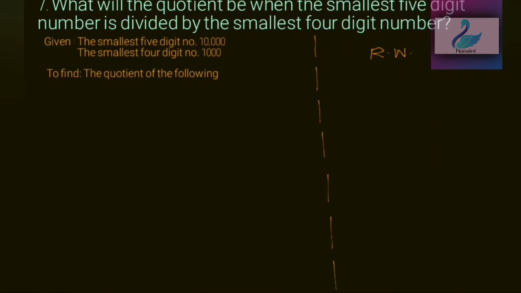In the rough work we will write the table for 1000, as 1000 is the divisor because it is smaller. 1000 ones are 1000, 1000 twos are 2000, 1000 threes are 3000 and so on. So now write the dividend 10,000 and the divisor 1000. 2000 is greater than 1000, so we will write 1 in the quotient's place and subtract 1000.